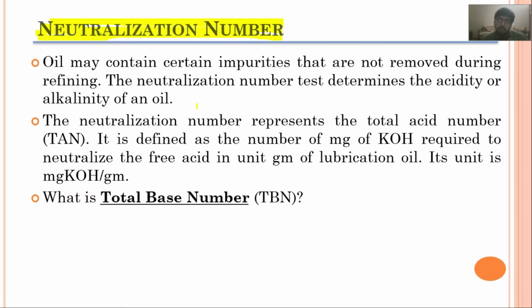Our lubrication oil might contain some impurities which cannot be removed during the refining process. So the neutralization number basically determines the acidity or alkalinity of the lubrication oil. It is generally represented by the total acid number, more commonly written as TAN.